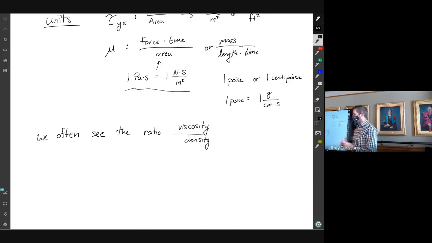So we often see this ratio. We're engineers and we see ratios a lot. Rather than writing viscosity over density, a lot of times we simplify it to a single thing: the viscosity mu divided by the density rho.